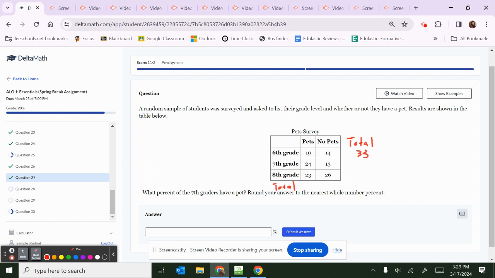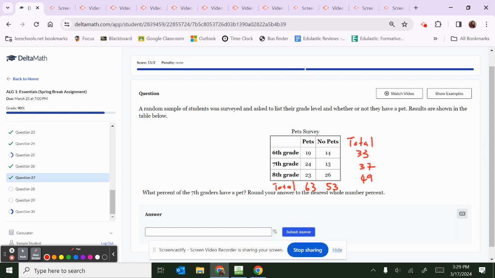Total amount of 7th graders would have been 37. Total amount of 8th graders would have been 49. All right. Total amount of people that like pets would have been 63, I believe. You can use your calculator to check that out. I'm actually going to use a calculator to check that, guys, because I may be a little off.